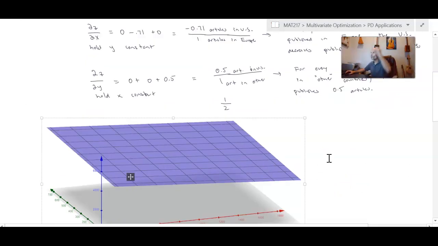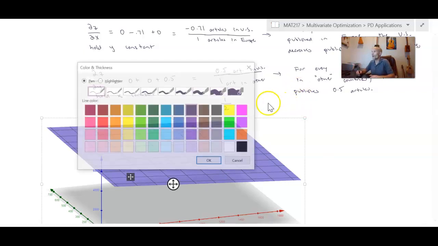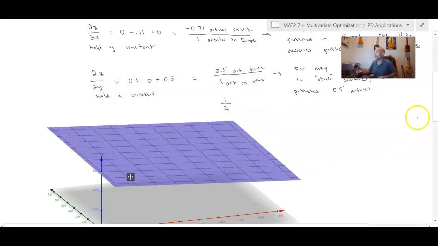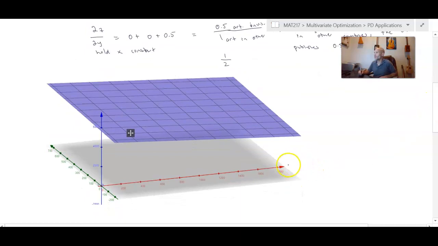Now, if we want to begin to understand how this is all panning out geometrically, in other words, on the graph of the surface, how do we visualize these quantities? Well, here I have graphed the x and the y axes, and this vertical one is, of course, the z-axis. And if I were to isolate a point, let's say I isolate this point right here.